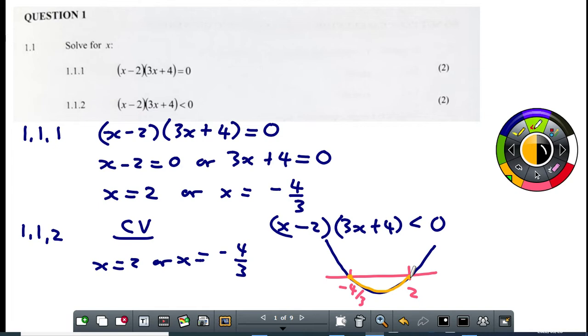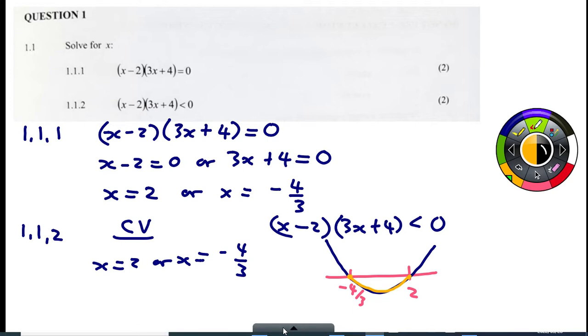Below the x-axis, y is negative. So the solution there is going to be x lies between minus 4 over 3 and positive 2. That's your answer. If you don't want the graphical method, then use the number line.